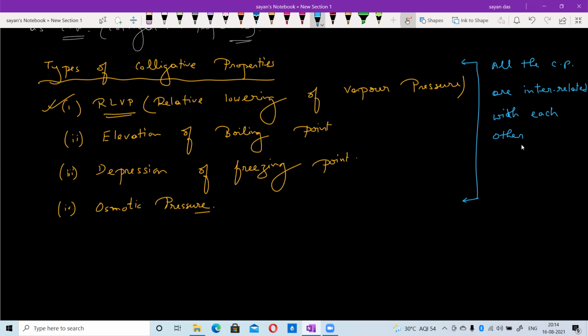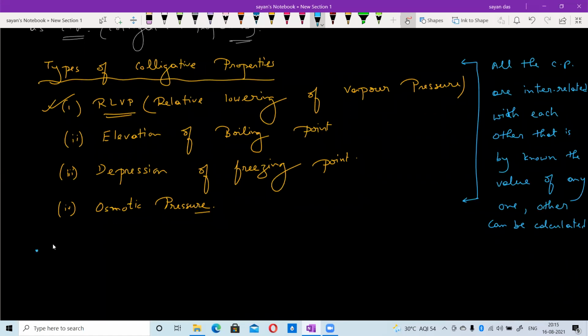That is, by the known value of any one, that means if you know one value, suppose relative lowering of vapor pressure, then you can find all other properties. Knowing the value of any one, the others can be easily determined.